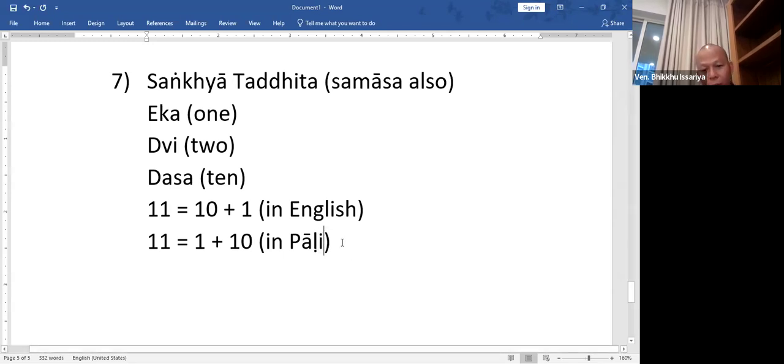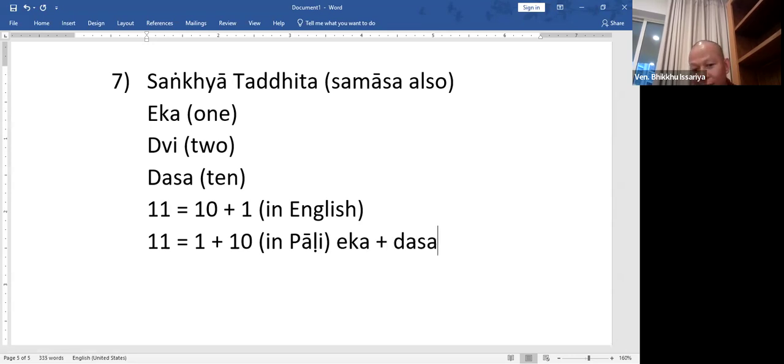In Pali like that. So eka means 1, and dasa means 10. So it becomes eka dasa, with something in the middle to be smooth. So eka dasa, that is 11.